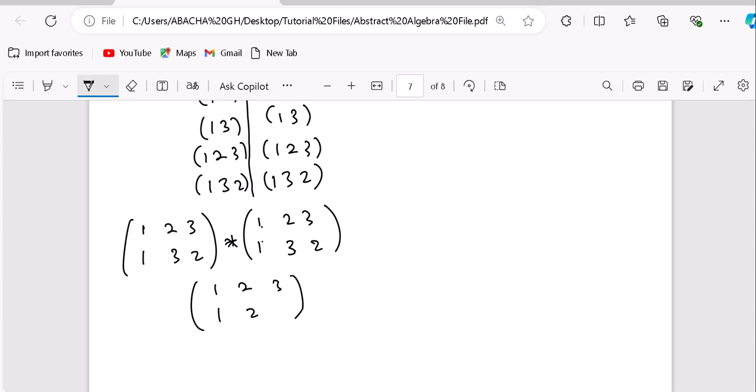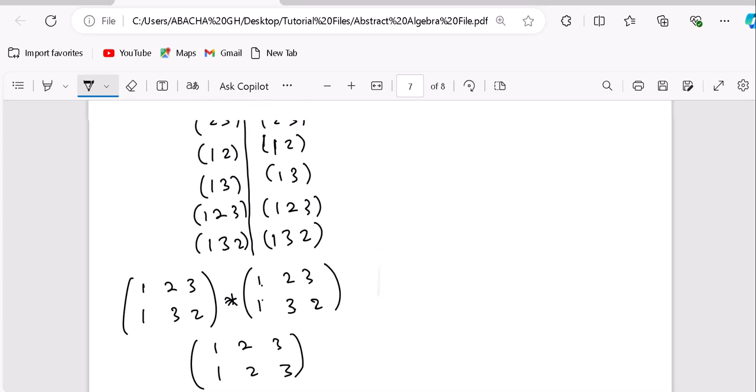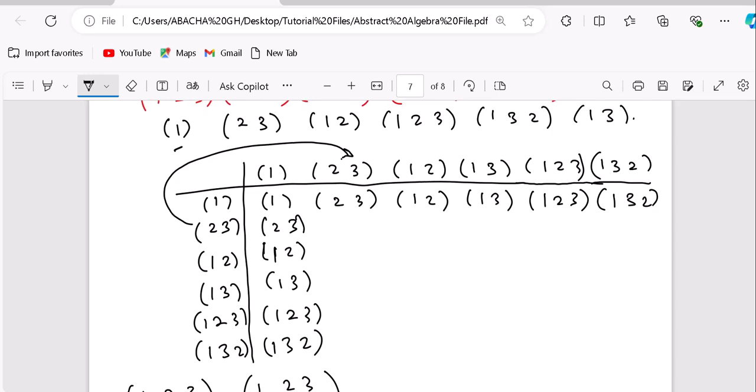Then 3 goes to 2, and 2 goes to 3, so we have 3 here. So we get the identity element here.